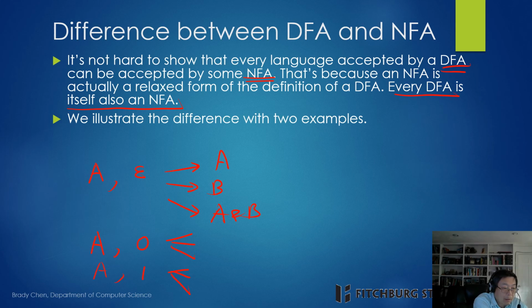So NFA could be more relaxed, but DFA is very strict, but it can also be regarded as an NFA. So DFA is a special form of NFA. We're going to illustrate these differences with two examples next.